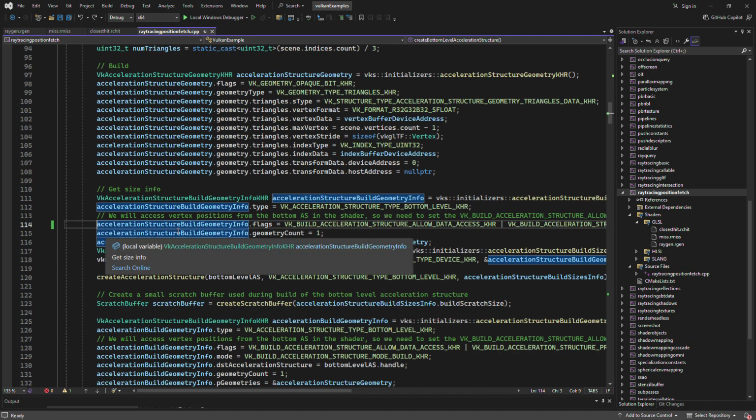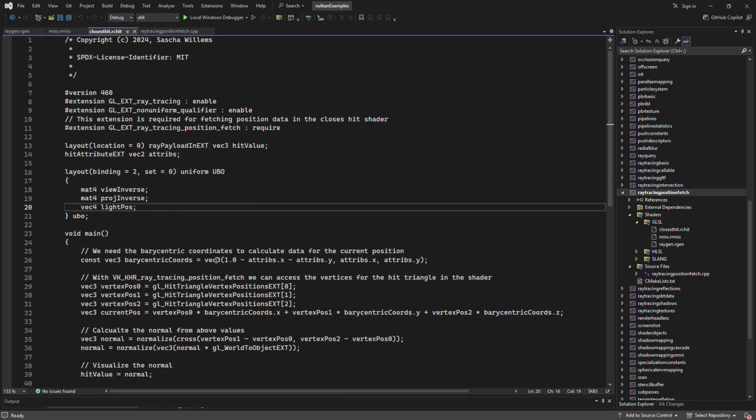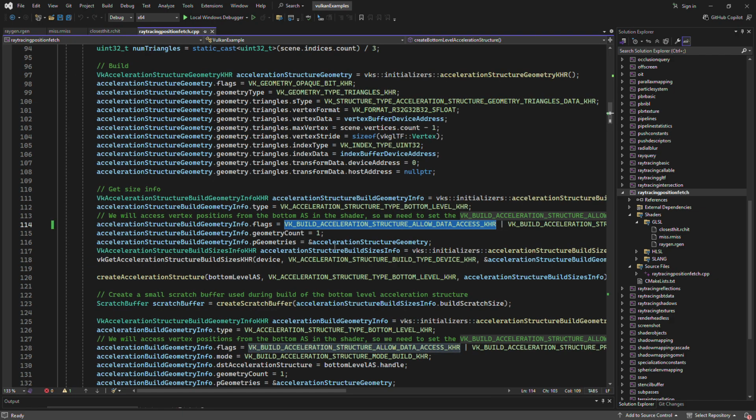So here we have VK_BUILD_ACCELERATION_STRUCTURE_ALLOW_DATA_ACCESS_KHR. We will access vertex positions from the bottom level acceleration structure in the shader, right here.